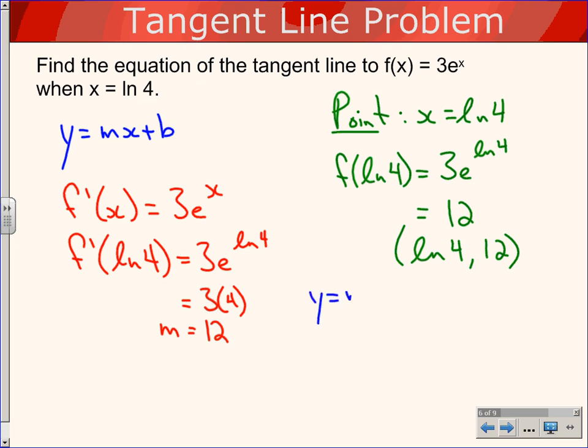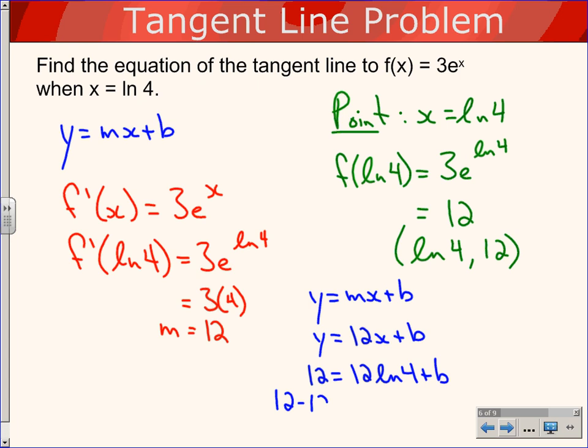And so our equation, y equals mx plus b, we can put the slope in as 12. And then we'll sub the point in. So 12 equals 12 ln 4 plus b. That just takes one step to rearrange to get b by itself.